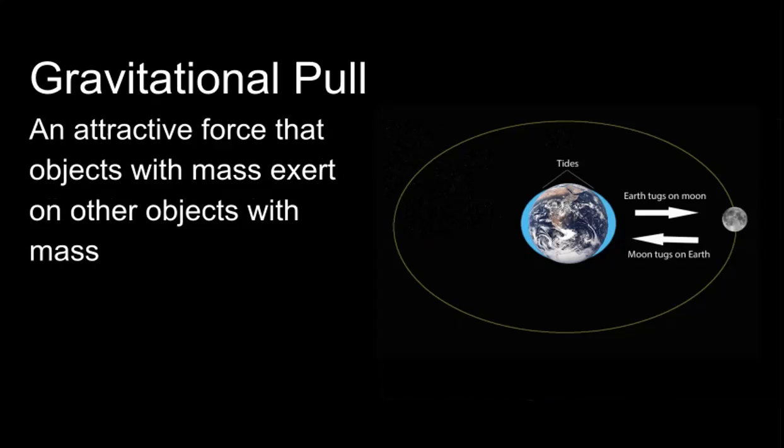Since the core of our planet is so massive, we only really feel the pull of our planet. You mentioned it keeps you on the ground, you can't float away. You're right, because it's so massive. But in reality, anything with mass has gravitational pull as well.